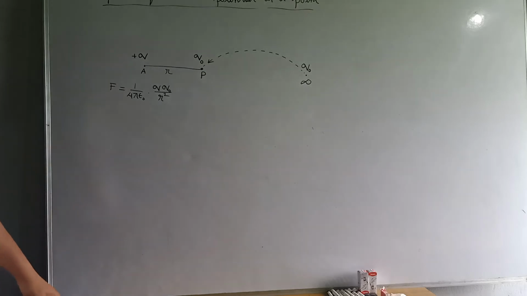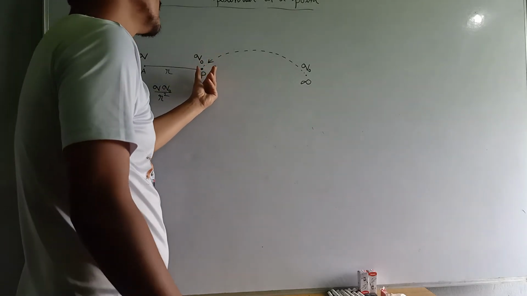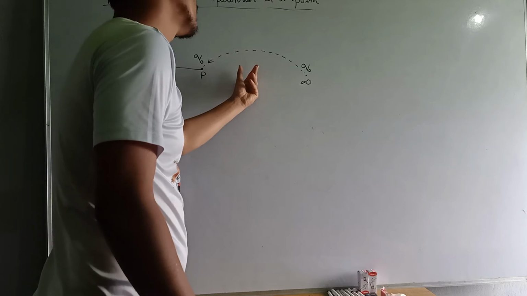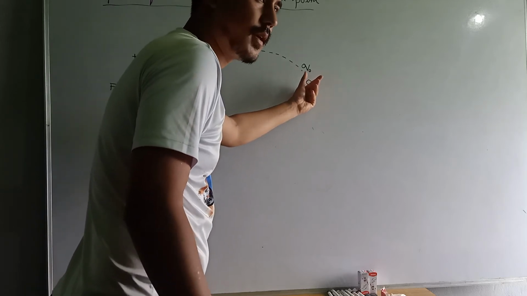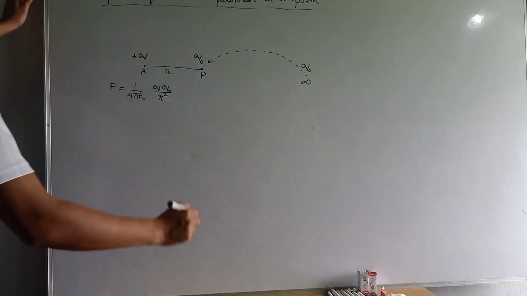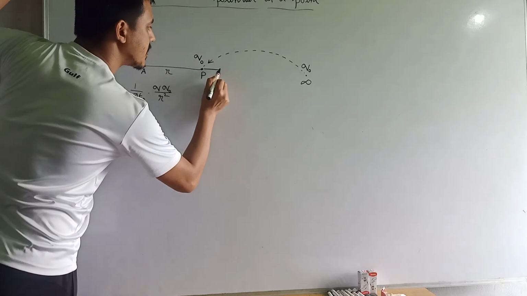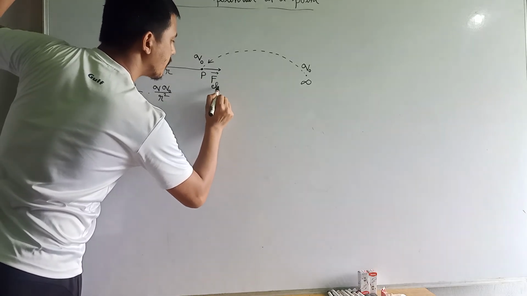Is it okay? Yes. So if you keep Q naught at P, this electrostatic force will take this Q naught up to the desired point. So electrostatic force is acting in this direction. This is your electric force.